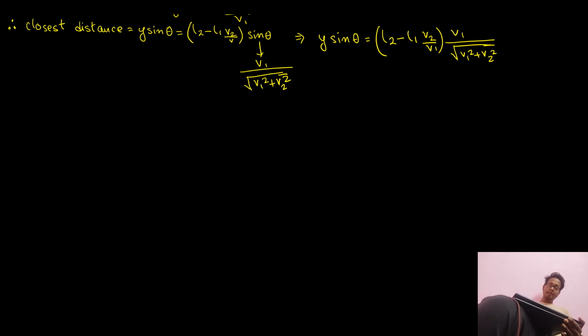If I simplify, this becomes L2 into V1, and this term into V1. So it becomes L2 V1 minus L1 V2 divided by the square root of V1 square plus V2 square. This here is the shortest distance.